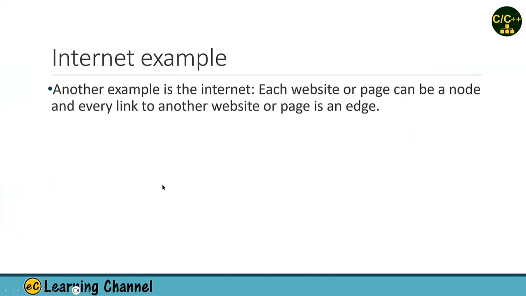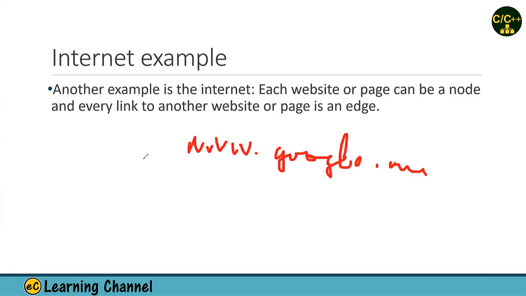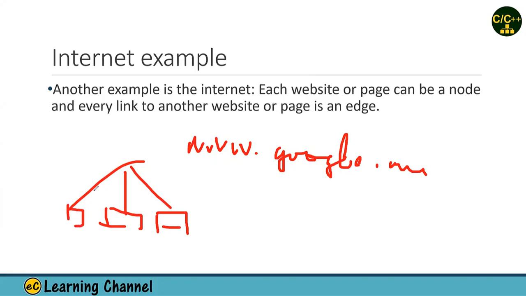Okay. On the internet, same thing. You have www.google.com. Under this page, you have many directories that you can access. So it's another tree structure.